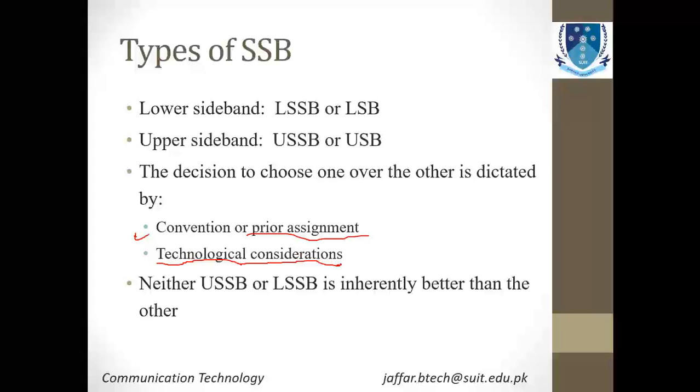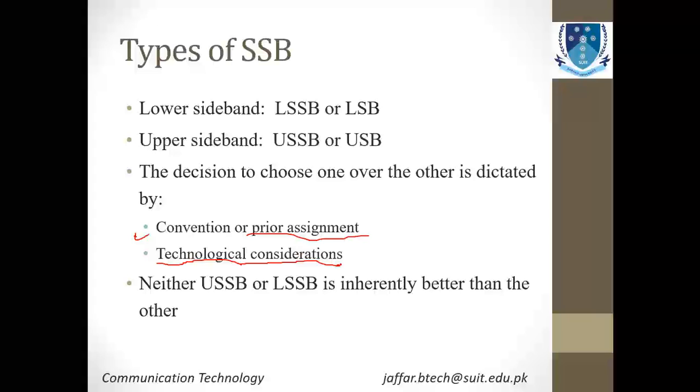Neither USSB nor LSSB is inherently better than the other. They are both the same, just the parameters or the environment matter. Both have the same properties. If the channel is not good for the upper sideband, and you see that a specific frequency is cancelling the upper sideband due to environmental hazards, or weather conditions, or any other environmental reasons, you can use the other sideband, and you can tell your client that the other sideband had some difficulty or error connections, or in the channel there were a lot of errors and corruption.